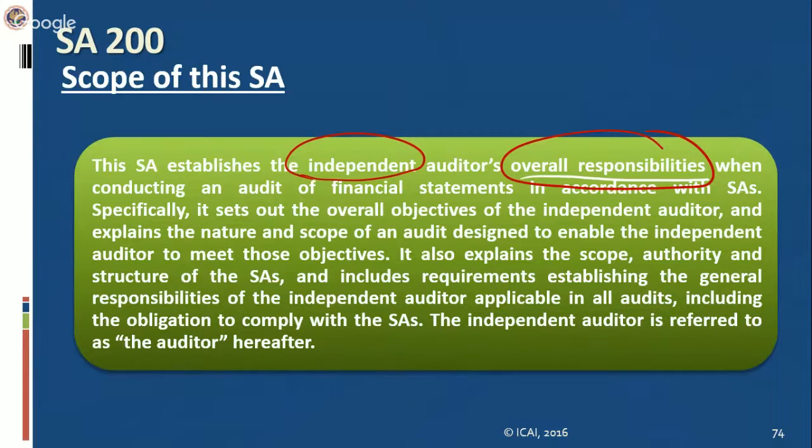Specifically, it sets out the overall objective of the auditor. Students, try to pick up the words: if I am recalling the scope, two words must strike my mind, overall responsibilities, and of what? Of the independent auditor.